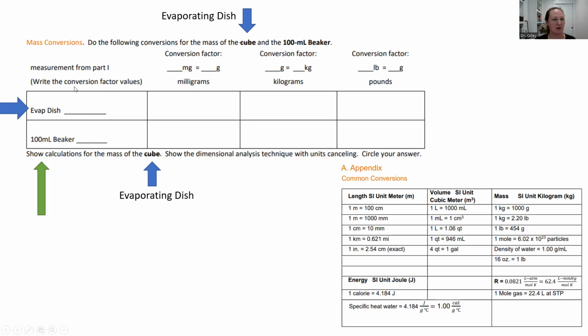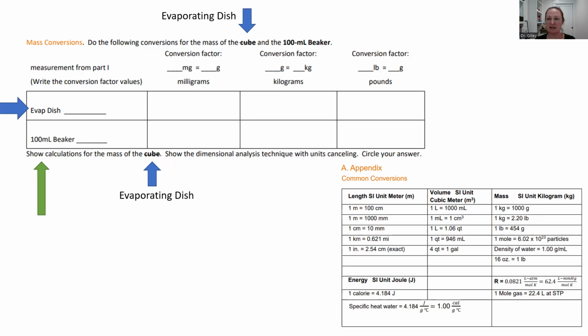Whatever your evaporating dish weighed, you can record it right here, and then we want to convert to milligrams, to kilograms and to pounds. Again, you'll need these conversion factors to get to pounds, and remember your metric conversions to get from milligrams to grams or vice versa, grams to kilograms.